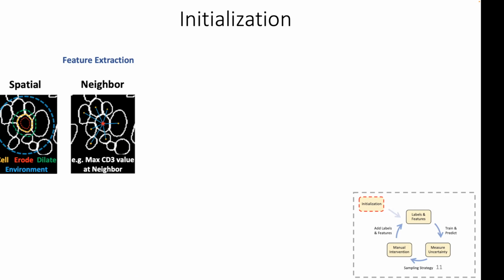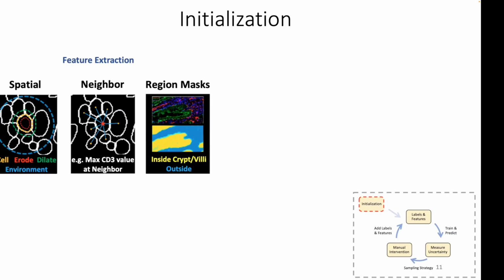And what's nice about this, the way we've set it up, is that it's flexible for any kind of input or feature. So we've had people creating regional masks in Elastic of things that they're interested in that come up morphologically, like crypts and villi in the gut, or for smooth muscle vasculature structures which express SMA, you could now differentiate them from myofibroblasts expressing SMA, and easily add that information in the form of an image.